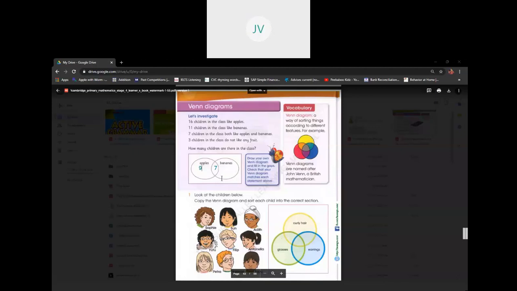Like the 7 children who like both apples and bananas are different children than the people who like only apples or only bananas. Okay, since these 7 children liked apples and bananas, they still liked apples, so it's going to count them in the 16 children.